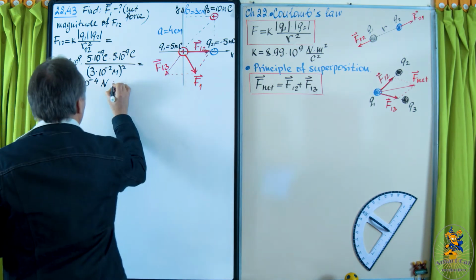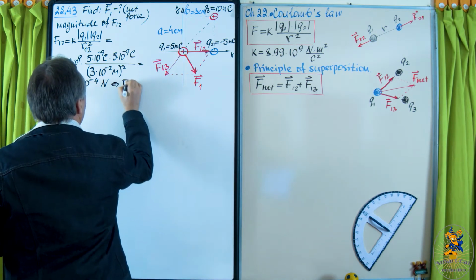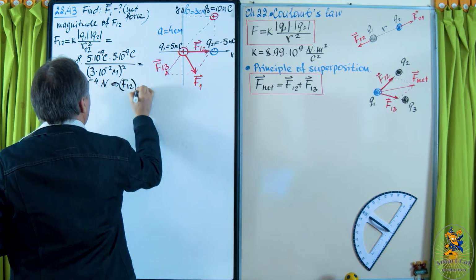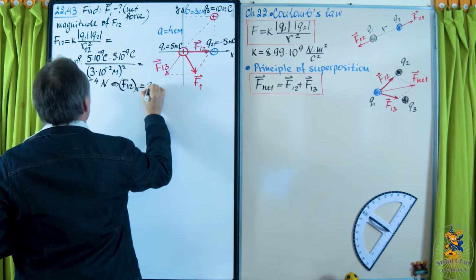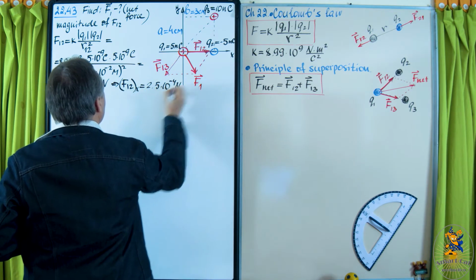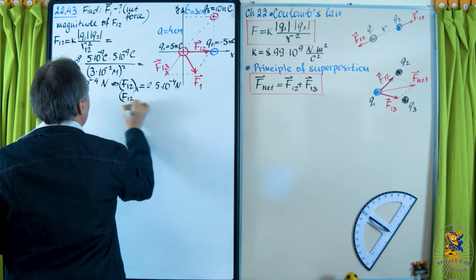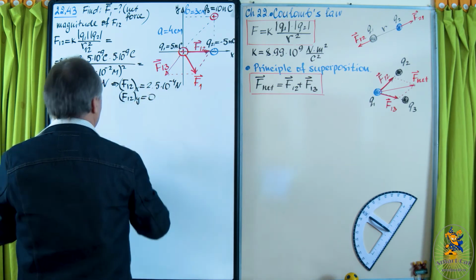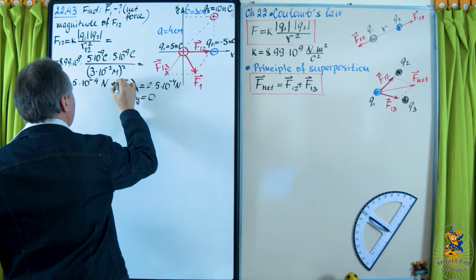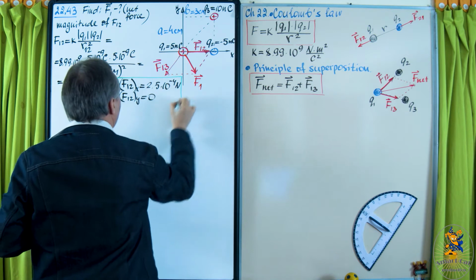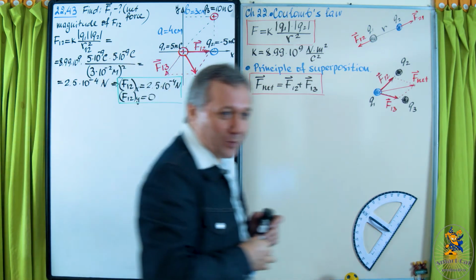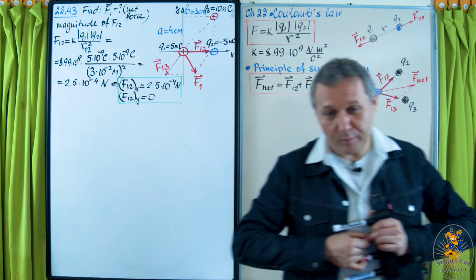So I can write down immediately F12x equals 2.5 times 10 to the power of -4 newtons, and F12y equals 0. Let me frame it with green, because it's not the final result, but we will need it very soon. So, first part of the problem, we found components of the first vector.